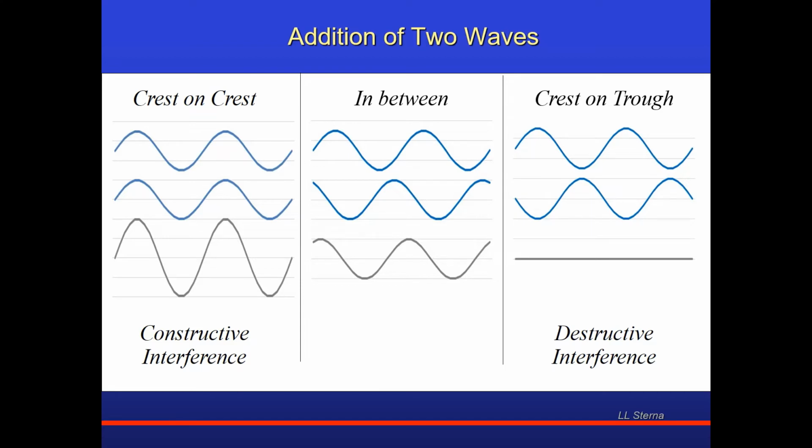Notice in the destructive interference, for the crest to line up with the trough means that one of the waves is shifted by half of a wavelength relative to the other. That would be lambda, the wavelength, over 2, shifted by half a wavelength. On crest, if you shift that 1 or 2 or 3 full wavelengths, you'll still have crest on crest. Okay.